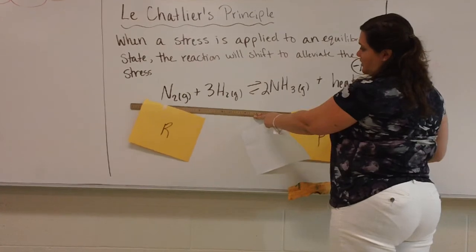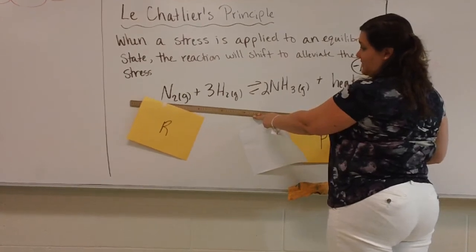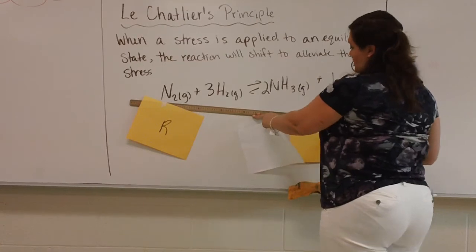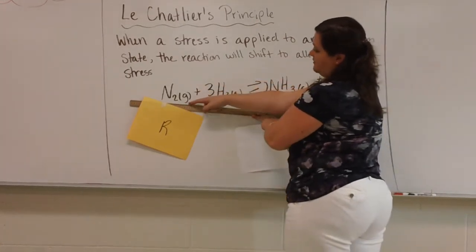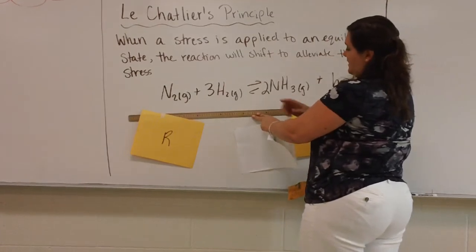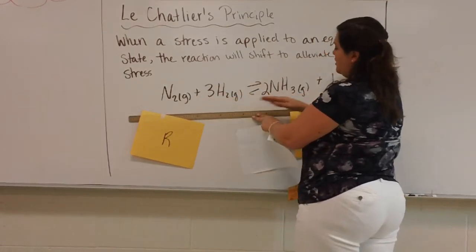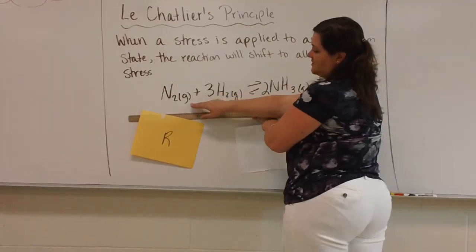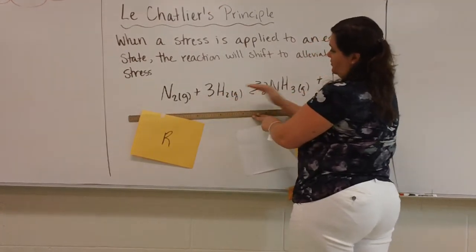That side is going to go up because it now has less weight. And so which way is it going to shift? It's going to shift towards the reactants to make it at equilibrium again. So if you're shifting towards the reactants, your product concentration is going to decrease, and your reactant concentration is going to increase because you're moving that direction.